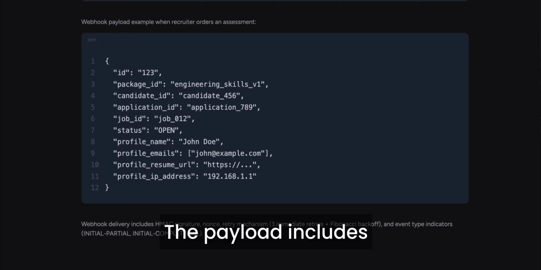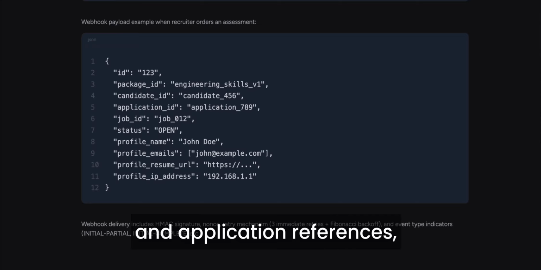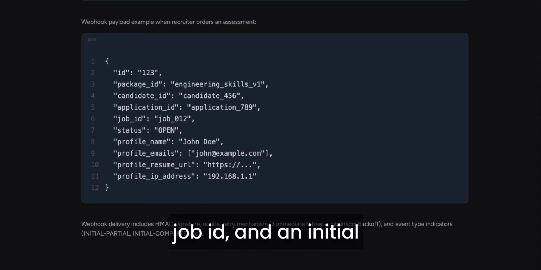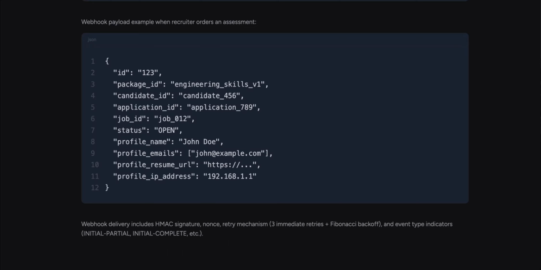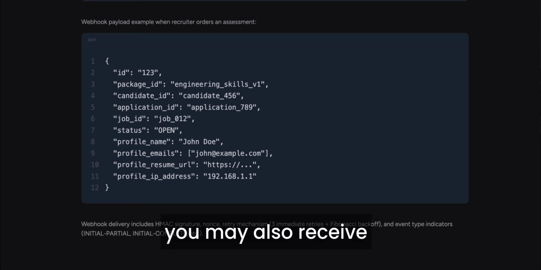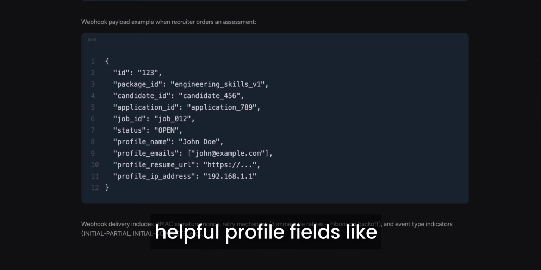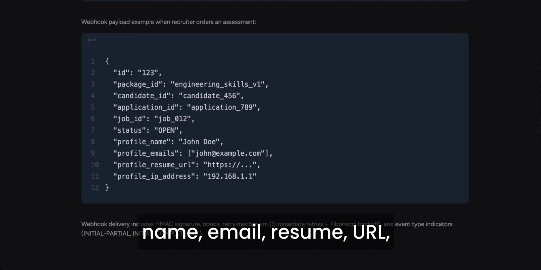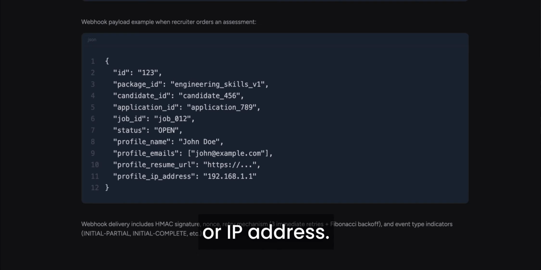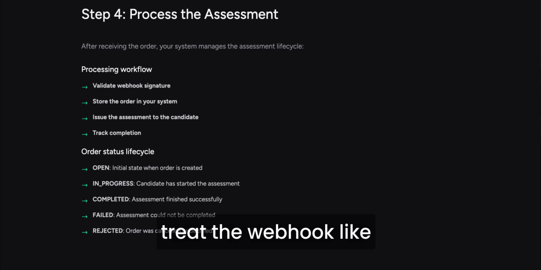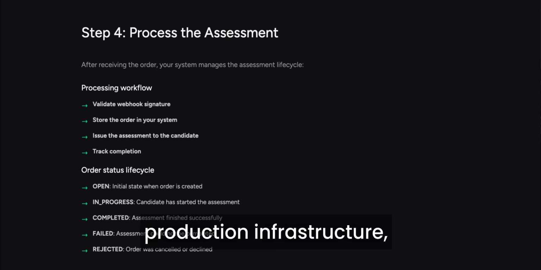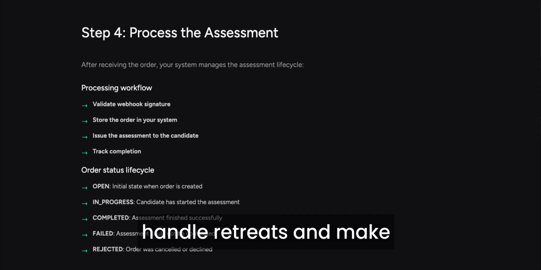The payload includes the order ID, the package ID, candidate and application references, job ID, and an initial status like open. Depending on the ATS, you may also receive helpful profile fields like name, email, resume URL, or IP address. On delivery, treat the webhook like production infrastructure. Validate signatures, handle retries, and make your handler idempotent.